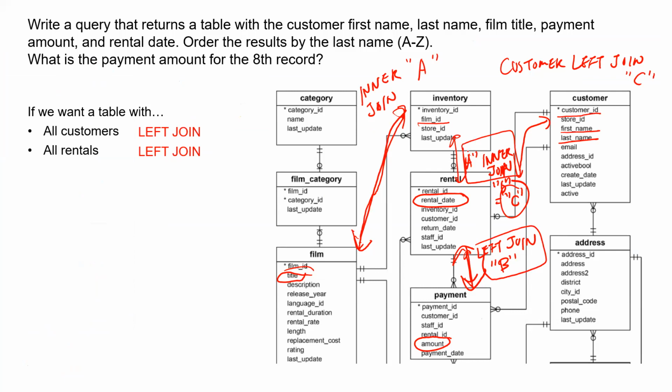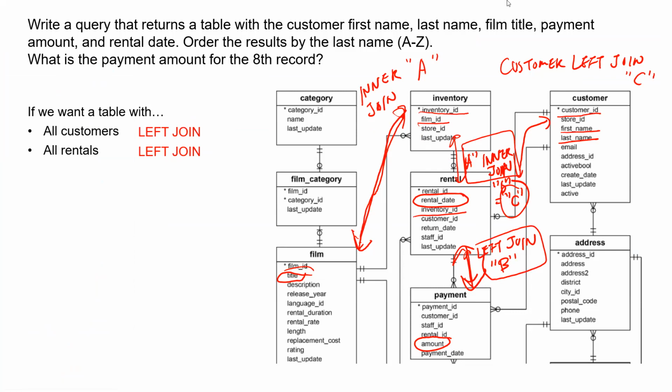Okay, so how do I then link these two tables? Really, the direct link right now is from the inventory table to the rental table. And really the only way that I can link these two then is using the inventory ID key, right? So that's how I'm going to link these two.